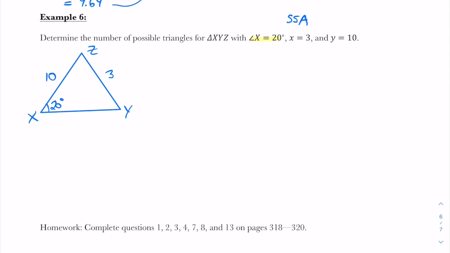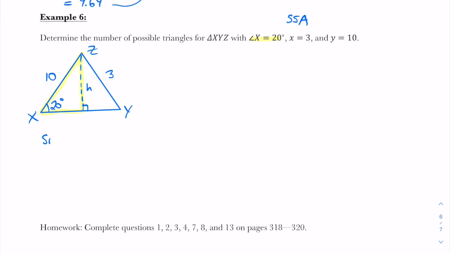So remember, we need the height because the height is what's going to allow us to determine how many triangles we're dealing with. Now, before, we just used the formula b multiplied by sine A, but look at this picture and think about it. You're going to look at this triangle that I'm highlighting. In that triangle, we have angle x, side y, and the height.